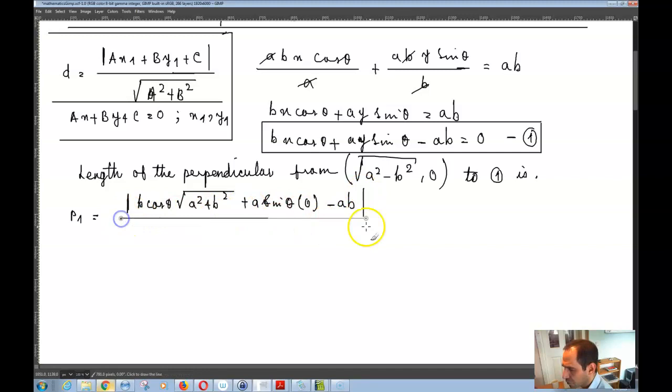So you have the absolute value of that over the square root of b squared cos squared theta plus a squared sine squared theta.